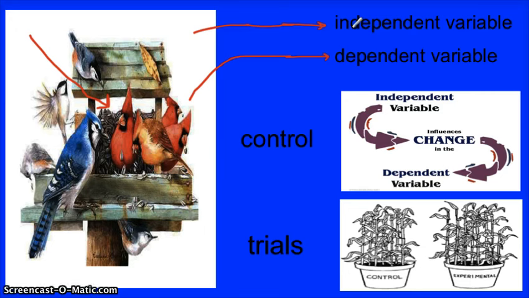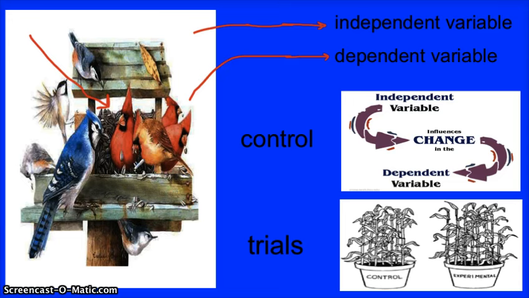Now, a scientist must be careful not to have too many variables. If you have lots of different changes that you make, then it's hard to tell what's the determining factor. If you change to pumpkin seeds and you end up changing the color, and if you end up putting it in the shade instead of the sun, you can't tell which variable is the one that affected what kind of birds come in.